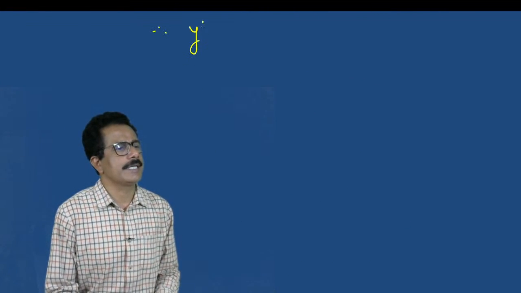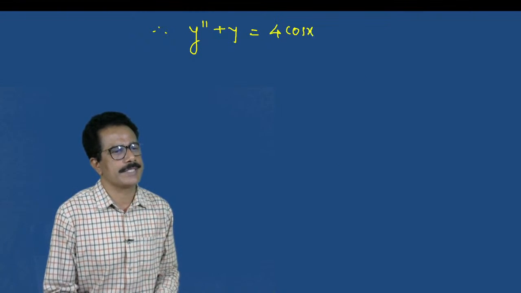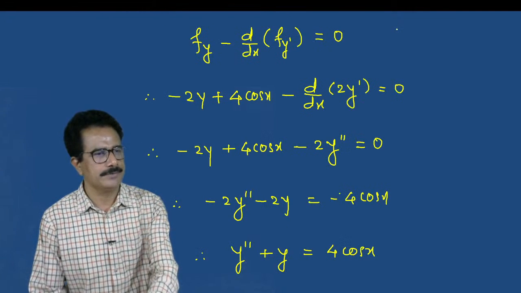So it can be written as y double dash plus y equals 4 cos x. Suppose this is equation number 5.